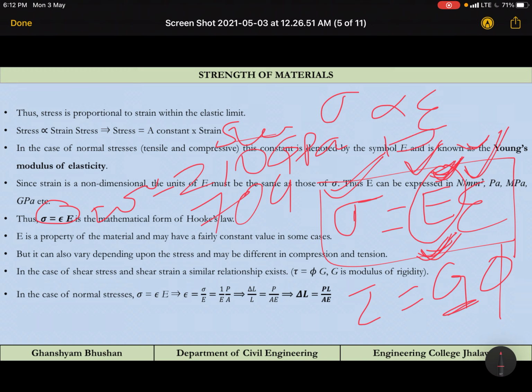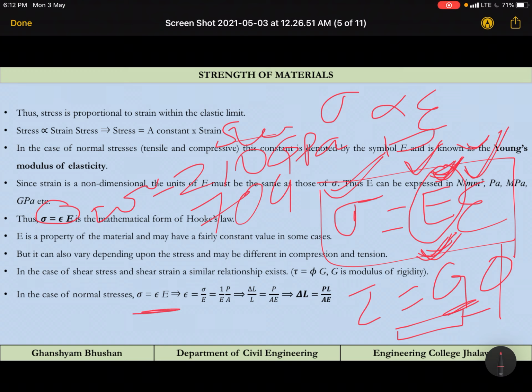If we are shearing a body, the body will tend to deform. If G is very, very high, it will not tend to deform that body. If E is very, very high, it will not allow the deformation. So for different types of load, a different type of modulus will come.